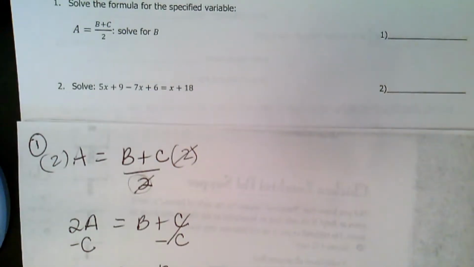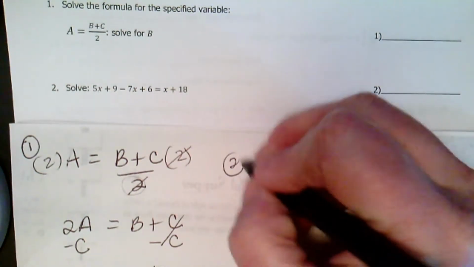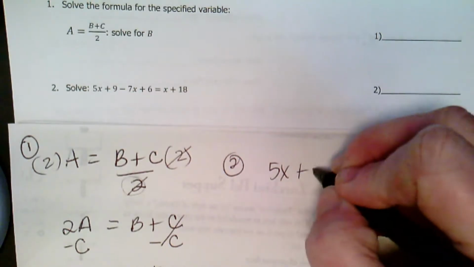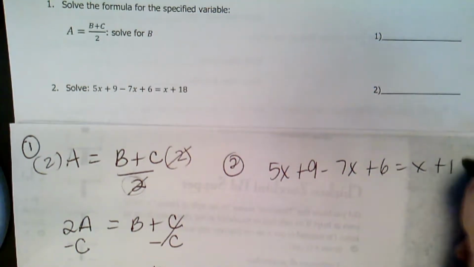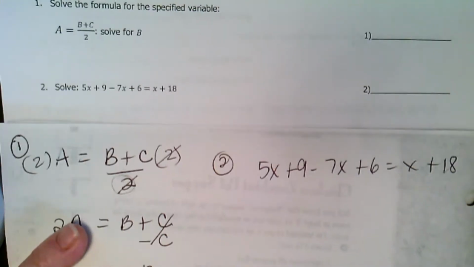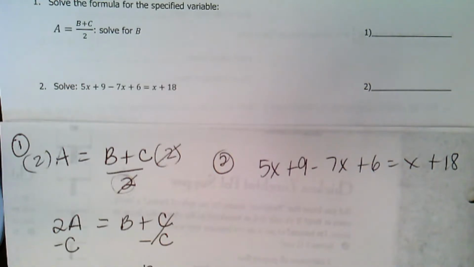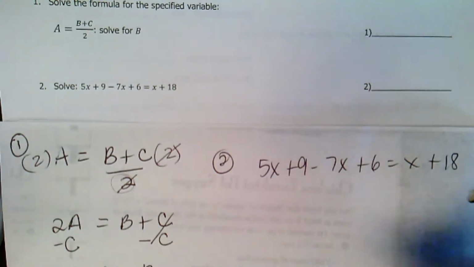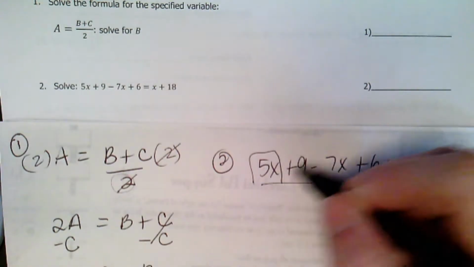Alright, number 2. Solve 5x plus 9 minus 7x plus 6 equals x plus 18. So when you have a complex equation as such, you want to try to simplify it as much as possible before you start multiplying and dividing and adding, subtracting on each side. So if I look at this side, I see that I have x's.